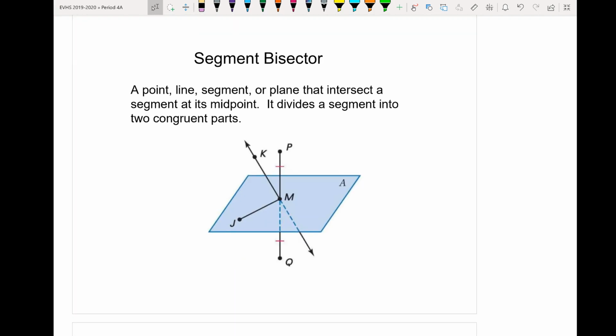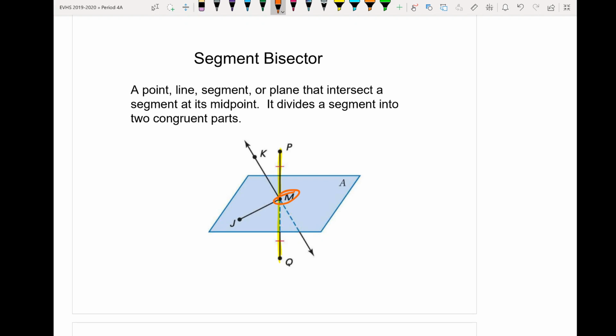All right, a segment bisector is anything, point, line, segment, or plane that intersects a segment at its midpoint. So you'll notice here that segment PQ has exactly its midpoint at M. So point M is a bisector of segment PQ.